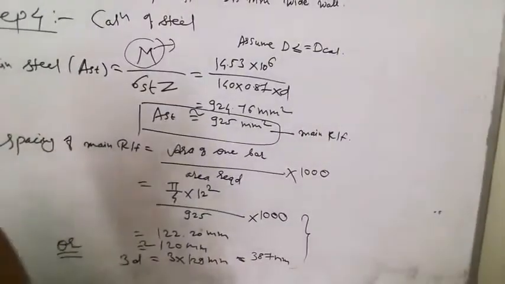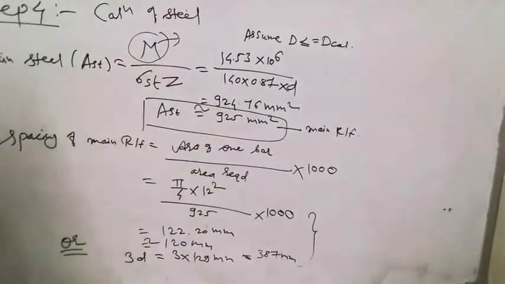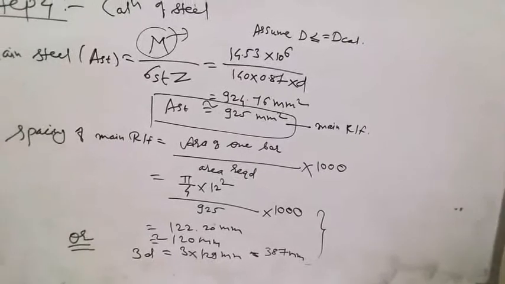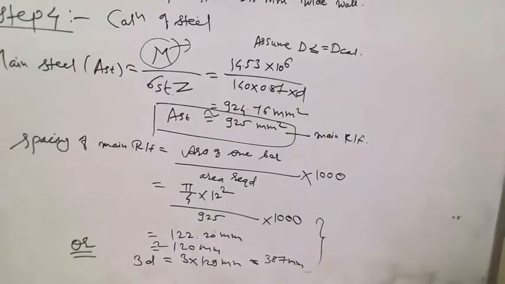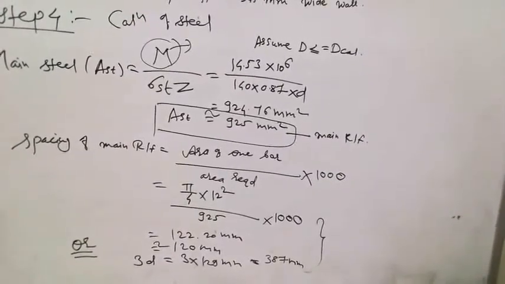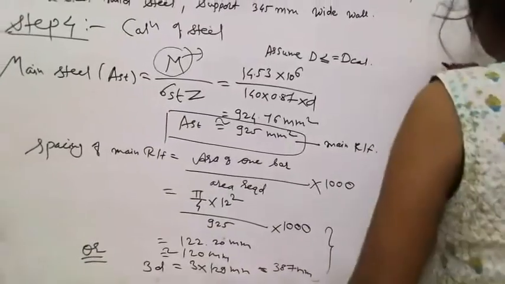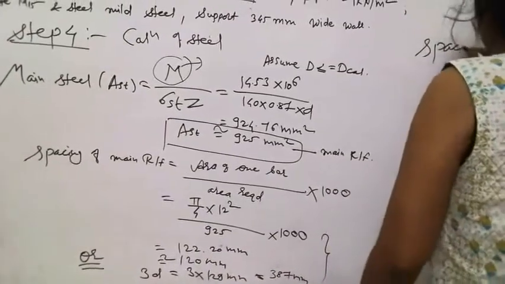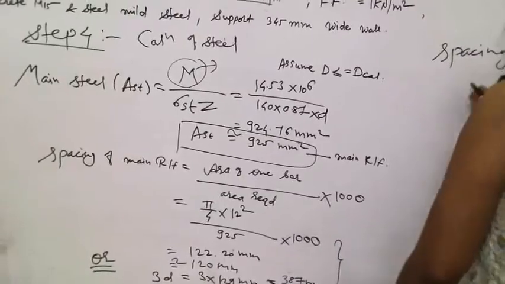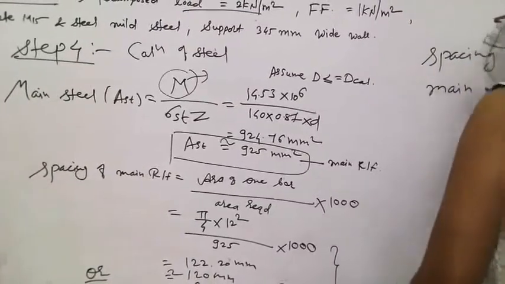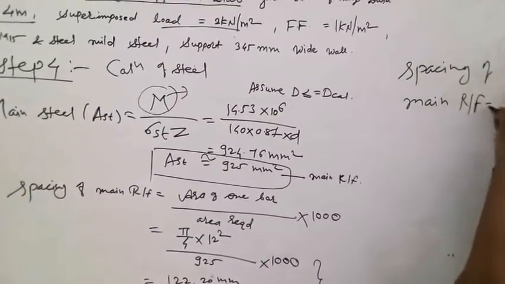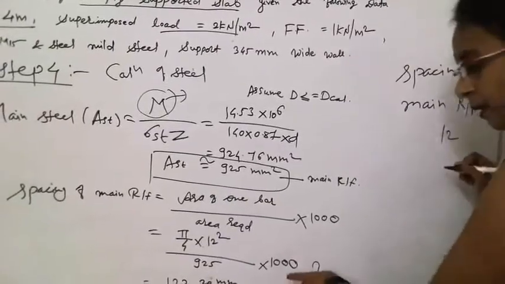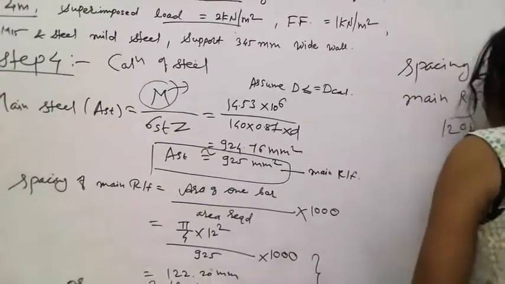Which one is less? 120. Therefore, the spacing of a bar is 120. Spacing of main reinforcement is 120.